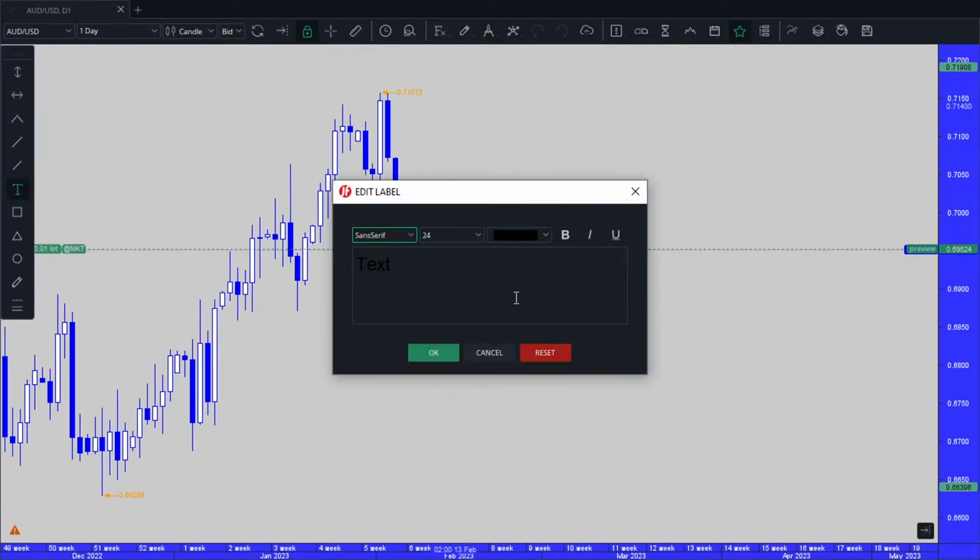So homework. You should have on your charts the patterns that you chose to trade, and those patterns are going to be part of your strategy.